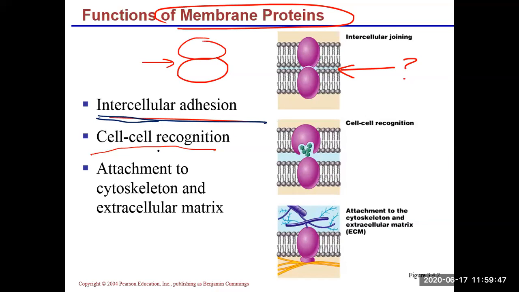Next up, we have intercellular adhesion. So if you have one cell right here and another cell right here, intercellular adhesion means they glue things together. If you pull on the skin on your wrist, for example, the skin does not come apart. Why? Because inter means between, cell, adhesion, like glue. They act like a glue, joining one another. They can act as cell-to-cell recognition.